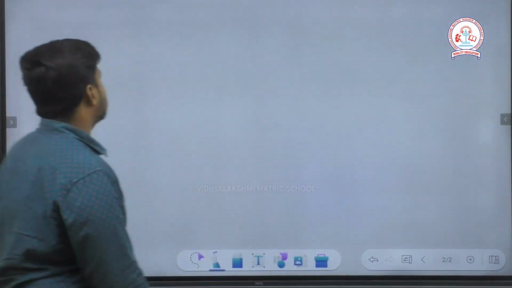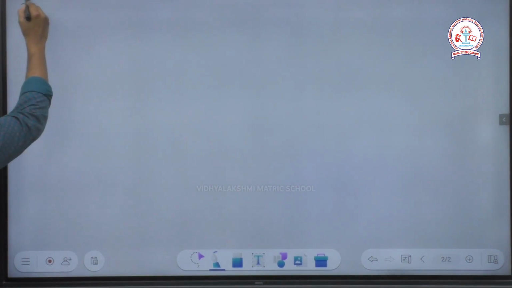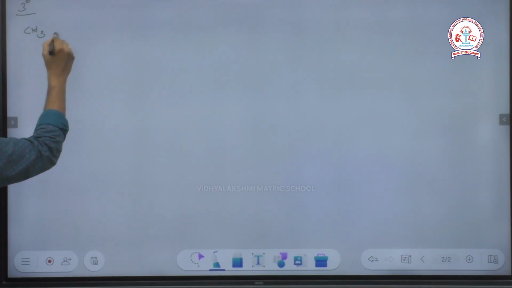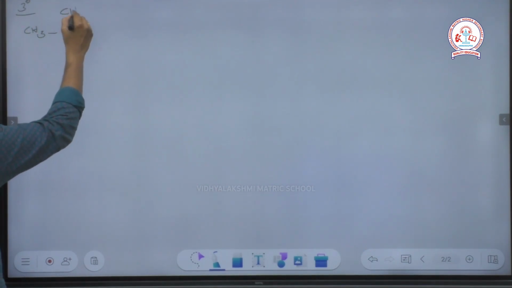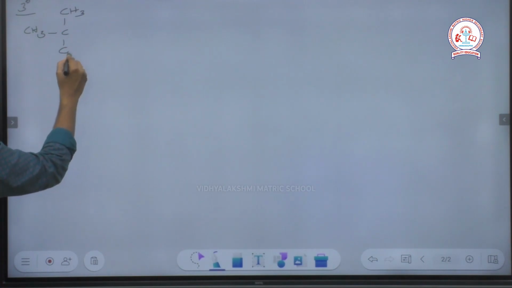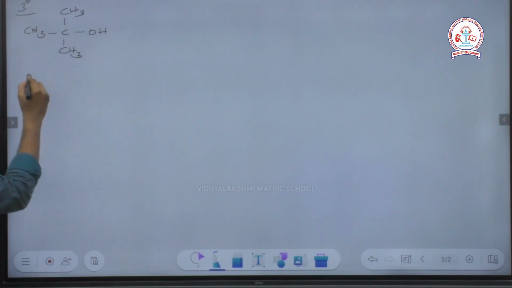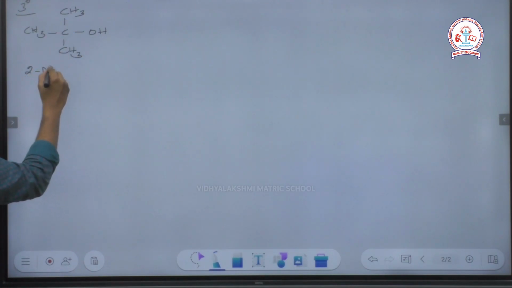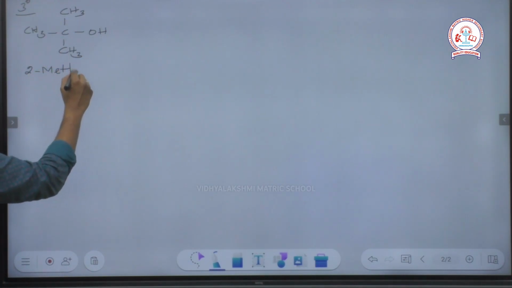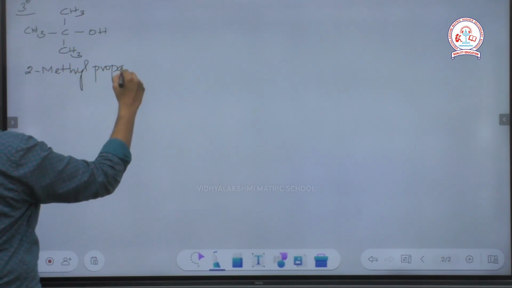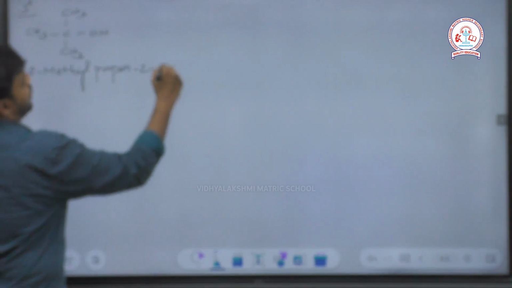See, for the reaction part, let's take this tertiary alcohol, CH3, C, CH3, CH3, OH. The name of this compound is 2-methylpropan-2-ol.